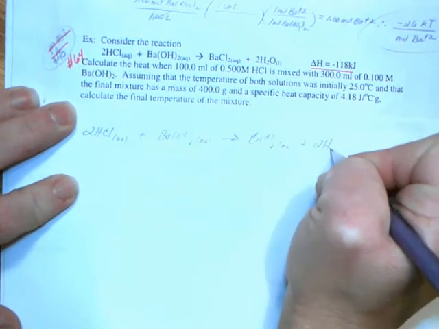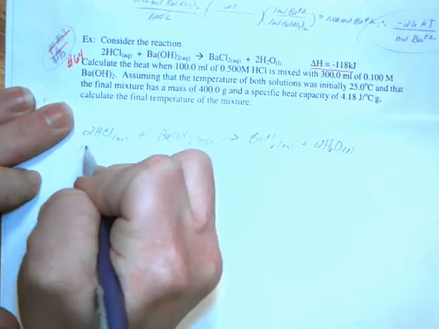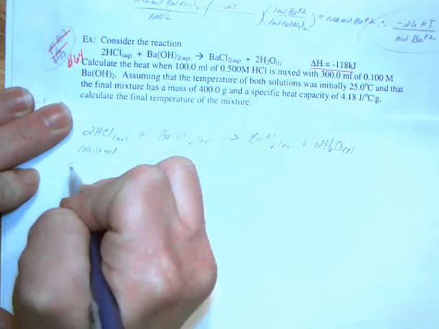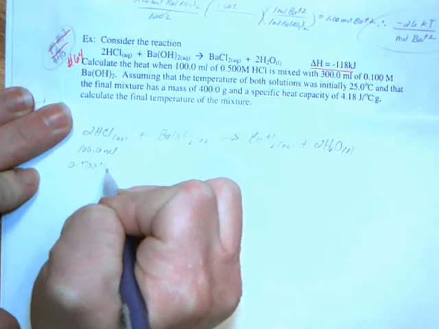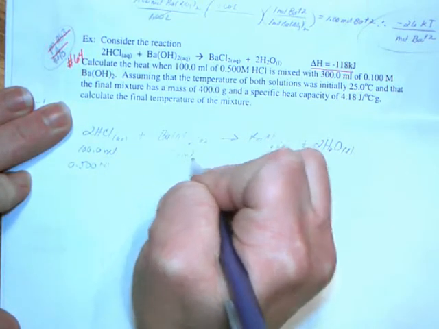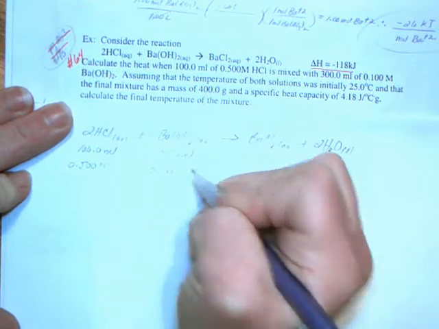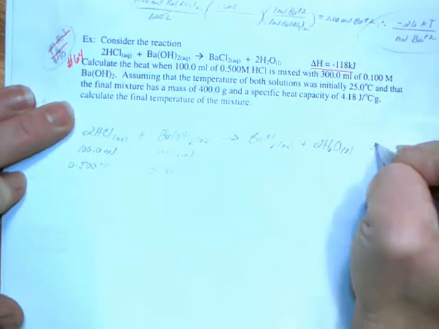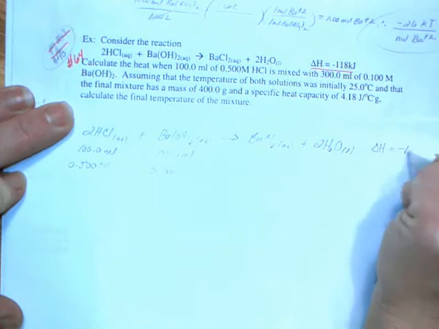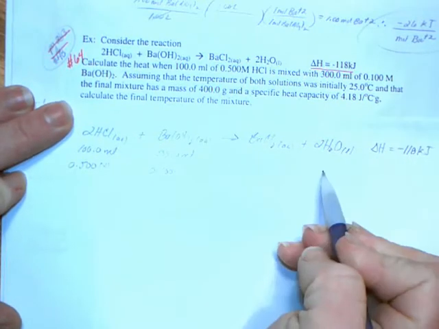the problem reads, calculate the heat when 100 milliliters of 0.5 molar HCl is mixed with 300 milliliters of 0.1 molar barium hydroxide. Now, if we notice, it is an exothermic reaction, but remember, this is per our balanced chemical equation.